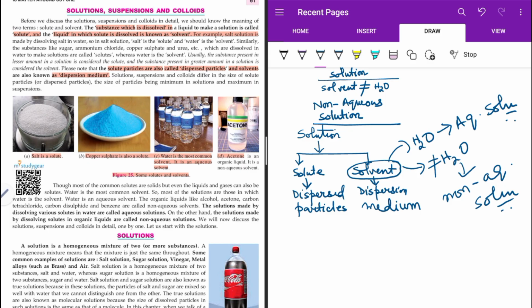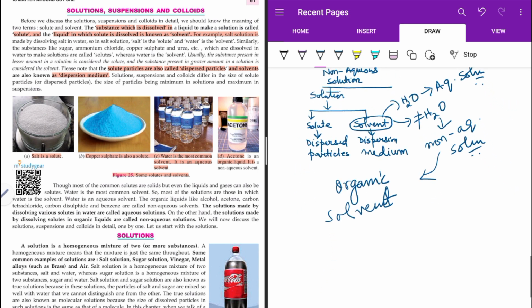Now, acetone is an organic liquid. Remember that if I say non-aqueous solution, then it can be any organic solvent. In the previous module, you have seen that sulfur dissolves in carbon disulfide. So CS2 is acting as an organic solvent.